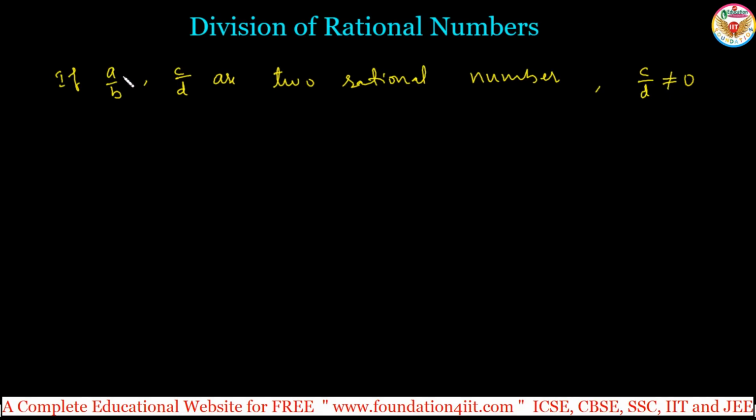That is the rule. a by b and c by d are two rational numbers, and the second one, c by d, is non-zero. Then if you want to divide a by b divided by c by d, one rational number divided by another rational number, we can write a by b as it is, divided by c by d, right?